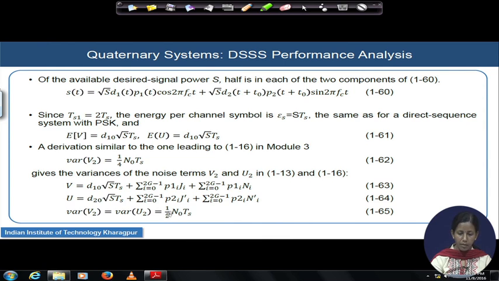Both of them will be governed by half of this N0 by Ts, because the channel duration time over which the integration is going on will play a role.